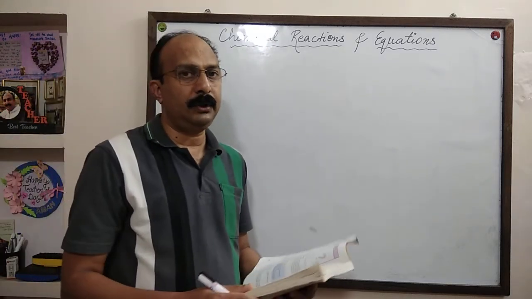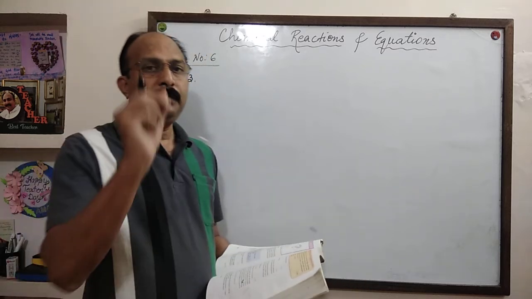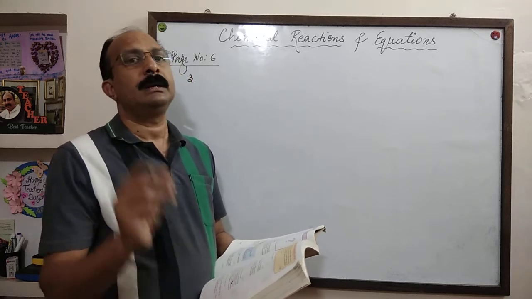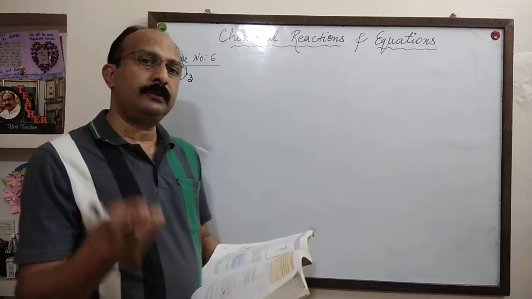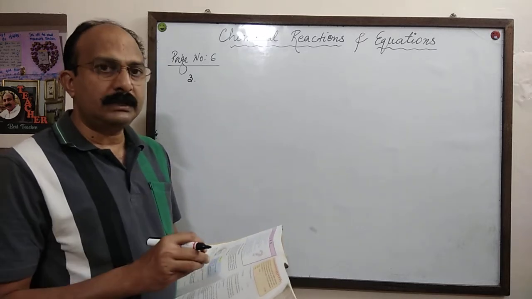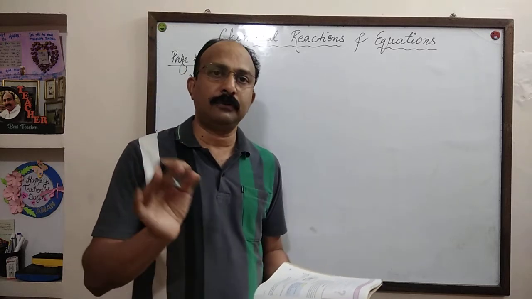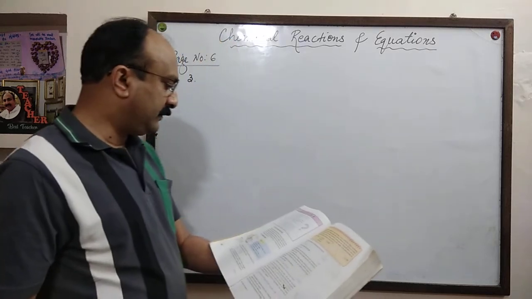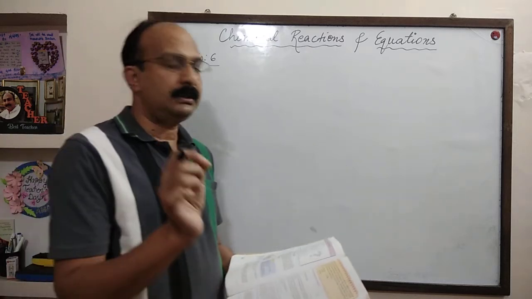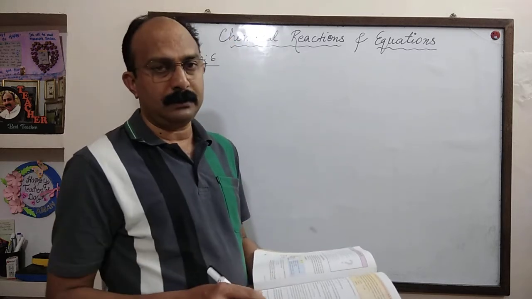In the previous class I told you, in order to make the chemical equations more informative, we also write S for solid, L for liquid, then AQ, aqua for solution in water, etc. So here you are asked to write this also so that the state of each reactant and product is also visible. First one, solutions of barium chloride and sodium sulfate in water.